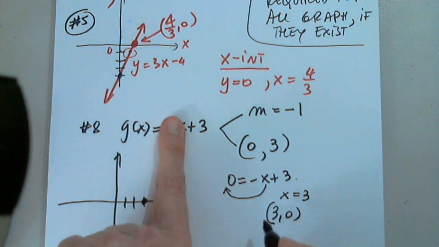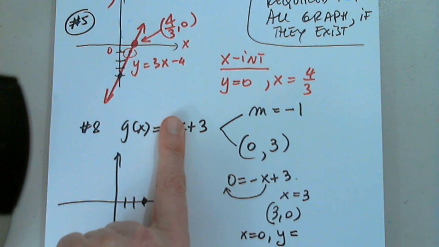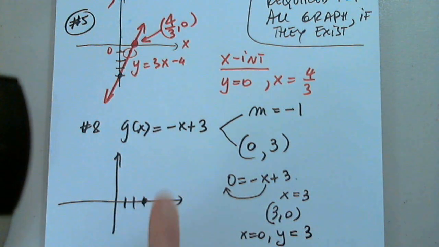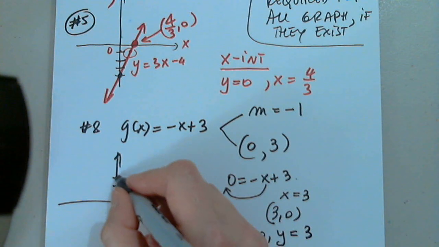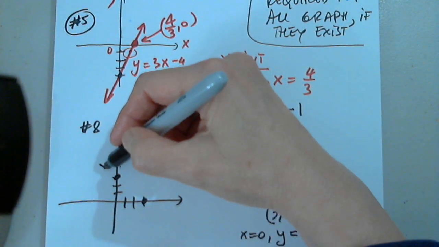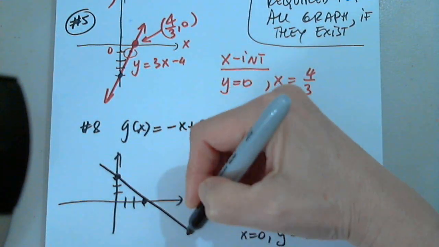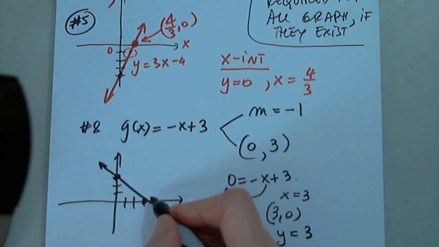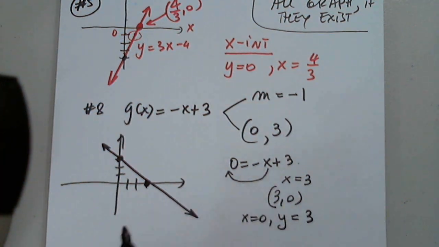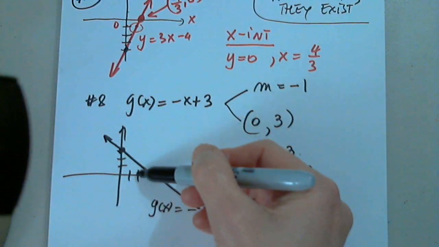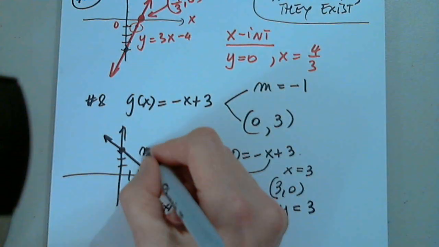When x is 0, how much is y? 3. Very good. 1, 2, 3. Connect and extend the line. I missed it a little bit. Sorry about that. Always write the name. g of x equals -x plus 3. As expected, a negative slope.